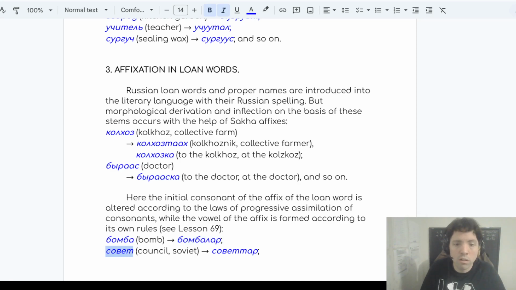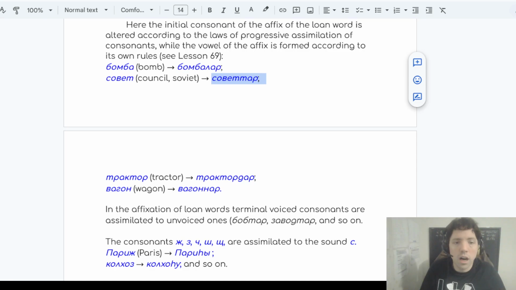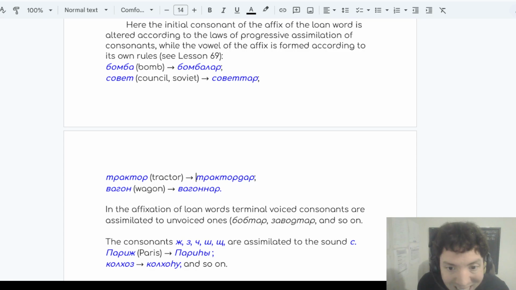Soviet, or council, Sovietar in Sakha. Traktor will become Traktordar. That's a hard one actually. Traktordar. Okay, we'll just leave it at that.